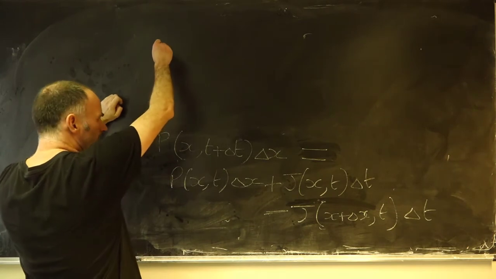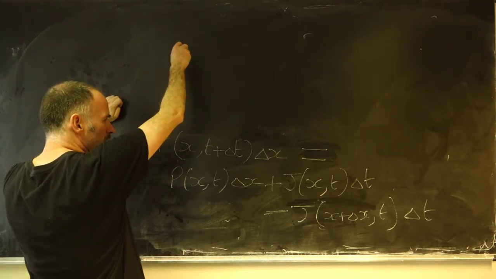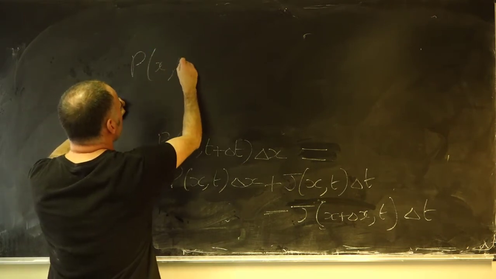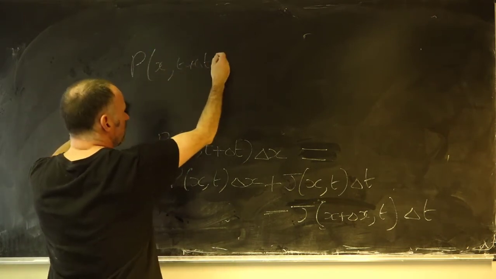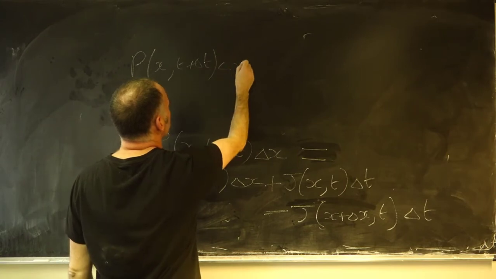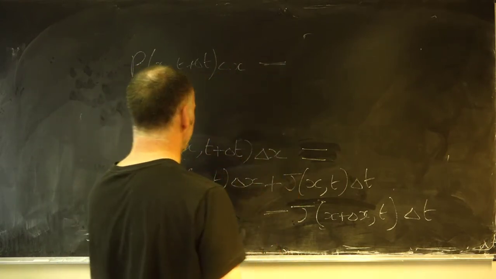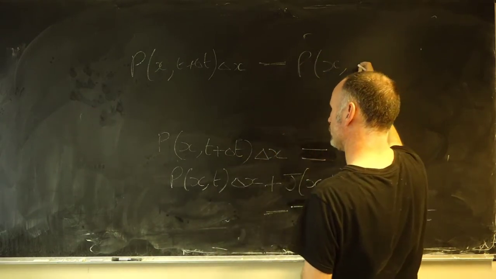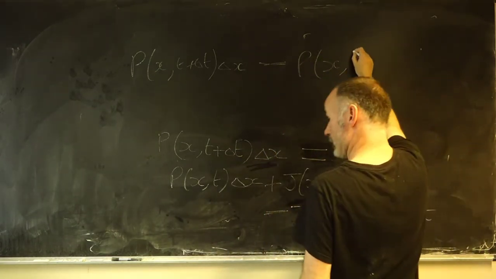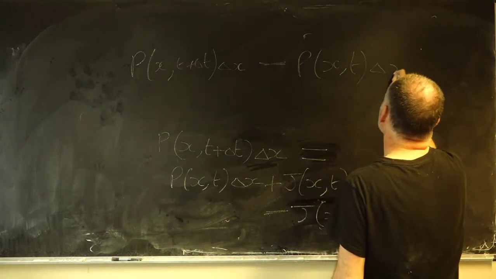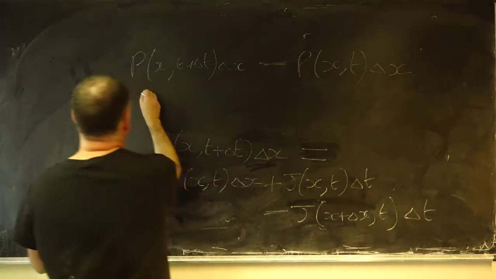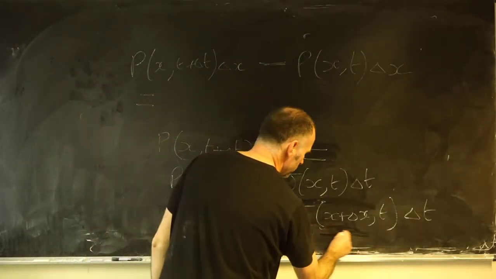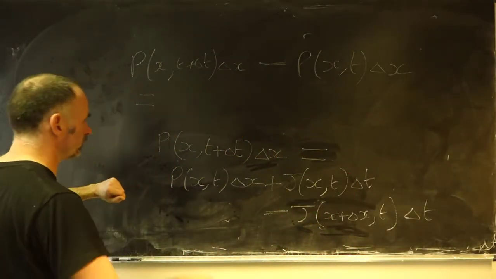So let's rearrange this. p(x, t plus delta t) times delta x minus, let's bring this across, so we get probabilities on one side, is equal to, do a little bit of a rearrangement because we want to have our current at x plus delta x minus our current at x.